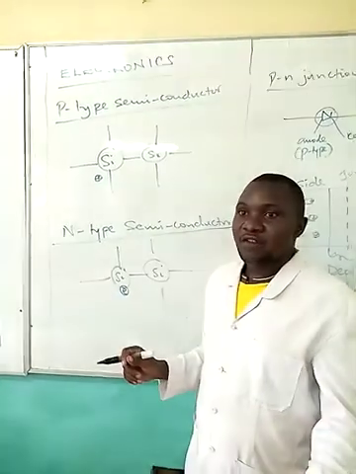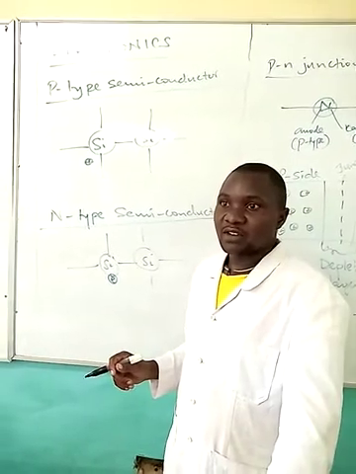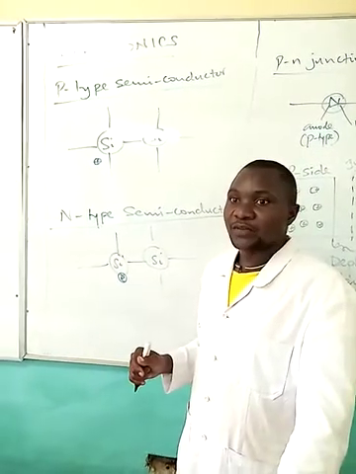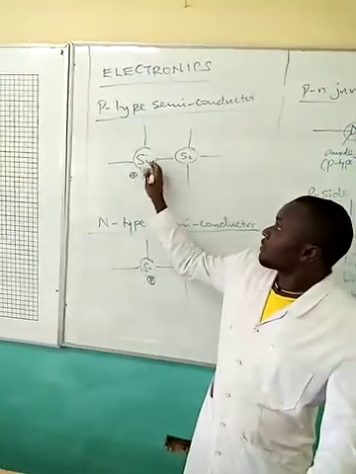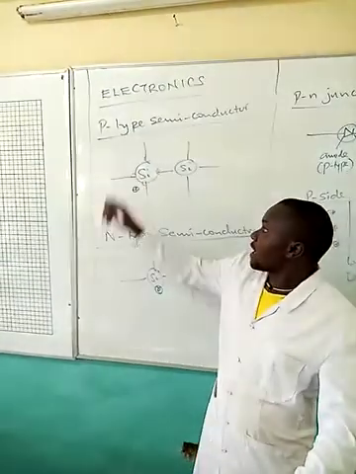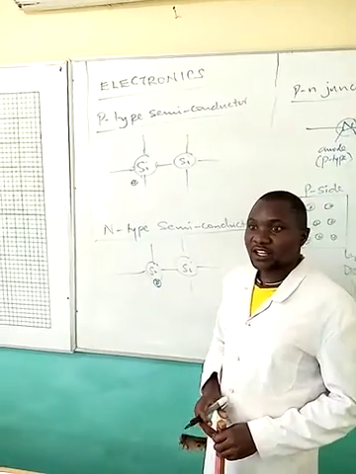Silicon needs 4 electrons to complete its outermost energy level. So the 3 electrons in the boron will be used in bonding with the first, the second, and the third, leaving one of the electrons not fully bonded. So what will happen?